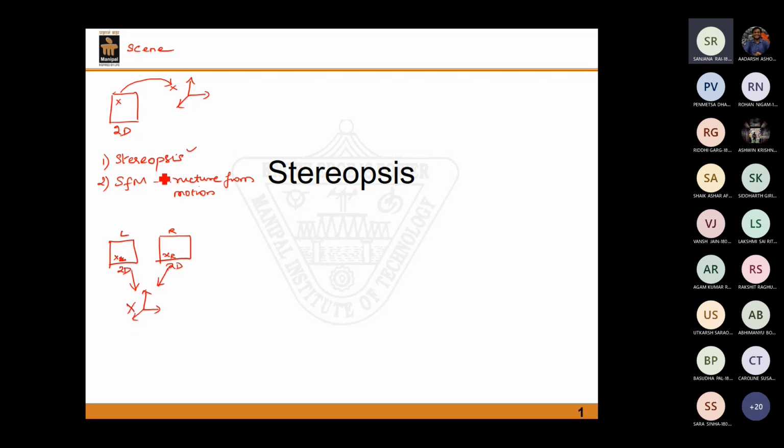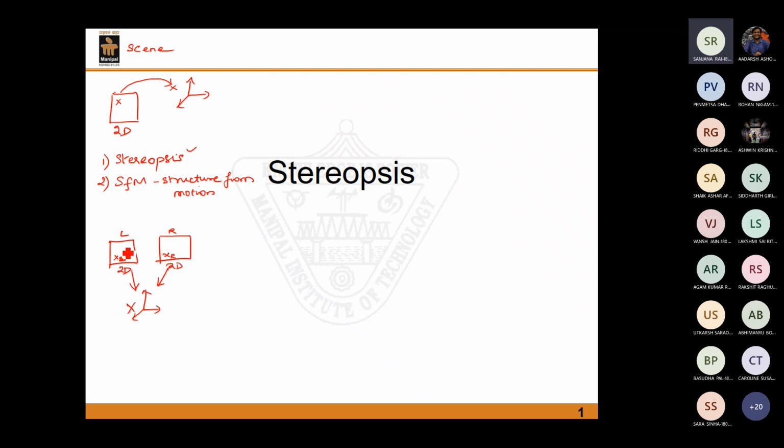We are talking about stereopsis here. One assumption you make is that you have a camera which takes a particular viewpoint, and another camera which takes another viewpoint of the same scene.